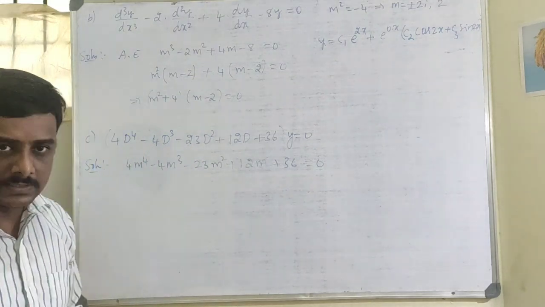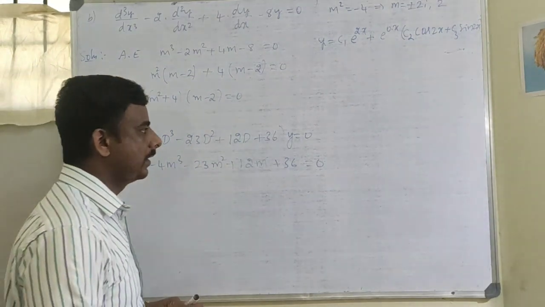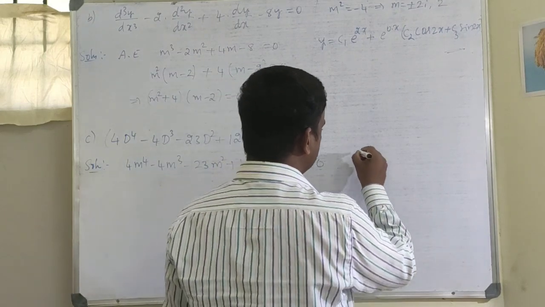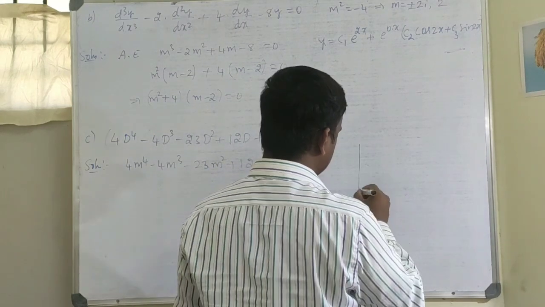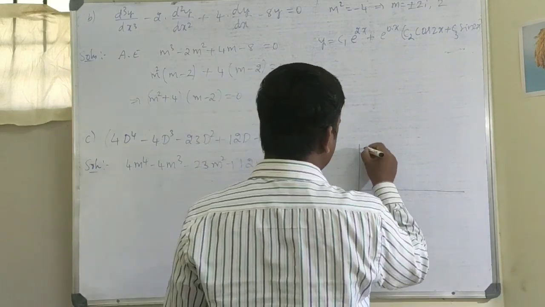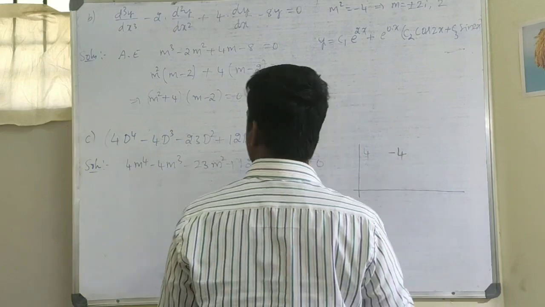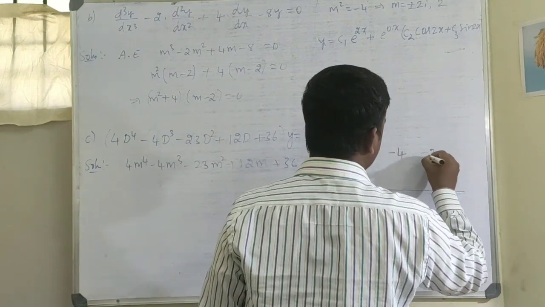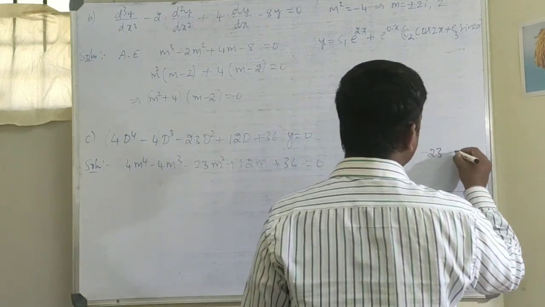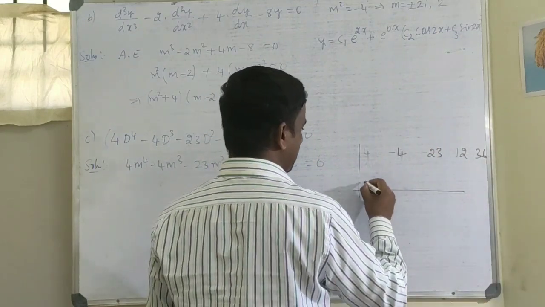To find the roots of this, let us employ the synthetic division method. The coefficients are 4, minus 4, minus 23, 12, 36.